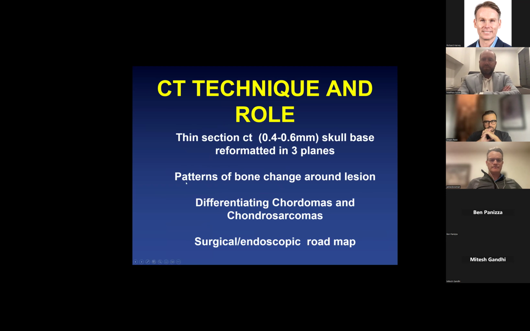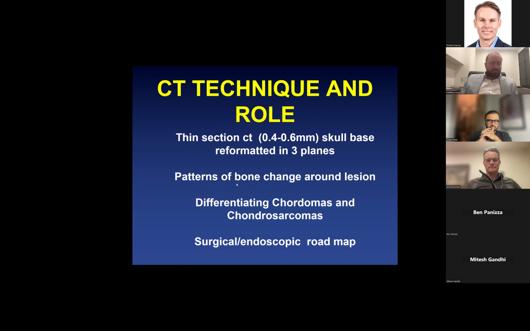So we start off with CT, and CT and MRI are complementary for every skull-based problem that we look at. We use thin section CT. We go down to 0.4 millimeters thick slices, which are acquired volumetrically, so we can reformat in 3 planes. And the purpose of CT is to look at the pattern of bone change around the lesion, which tells you how aggressive it is.